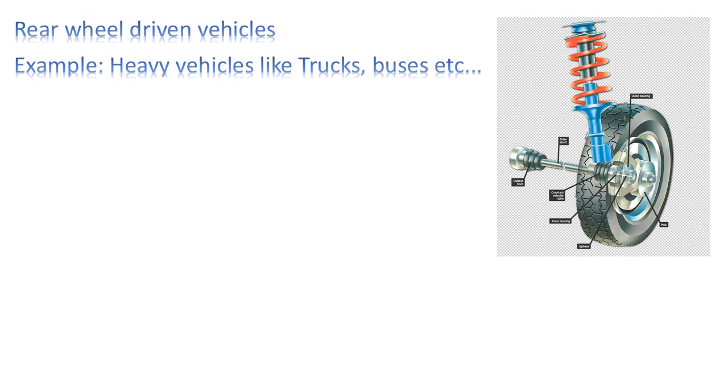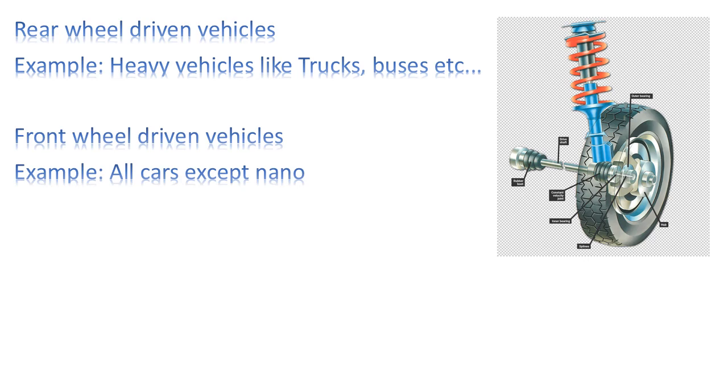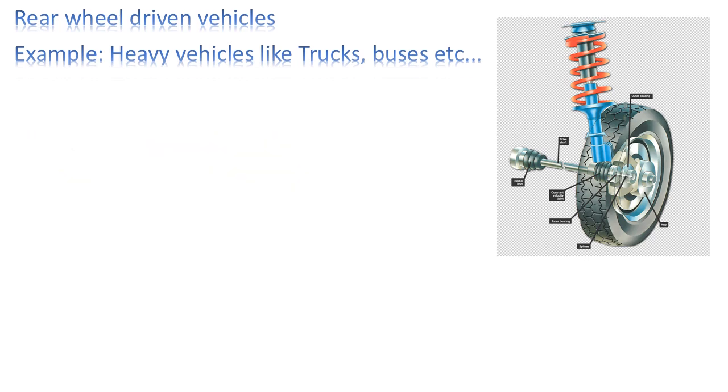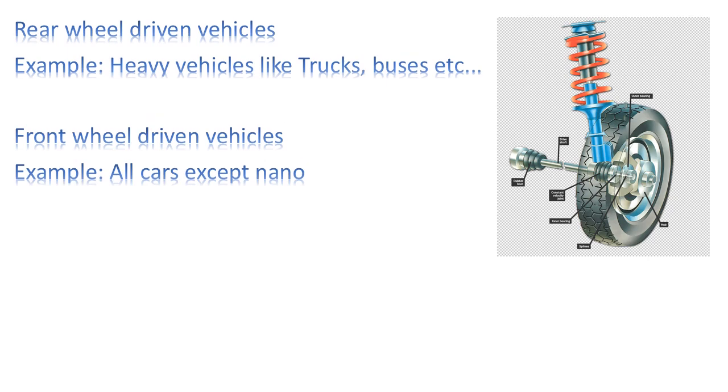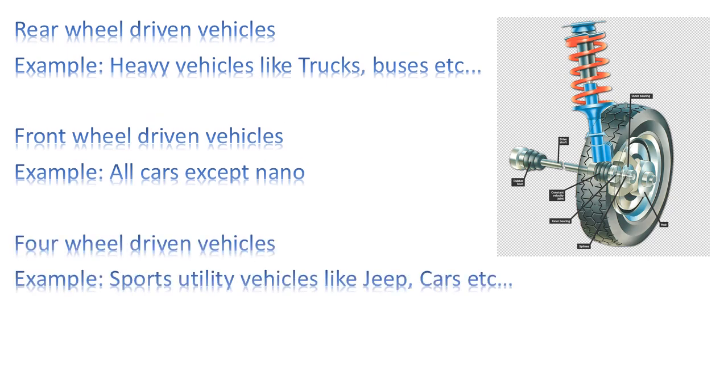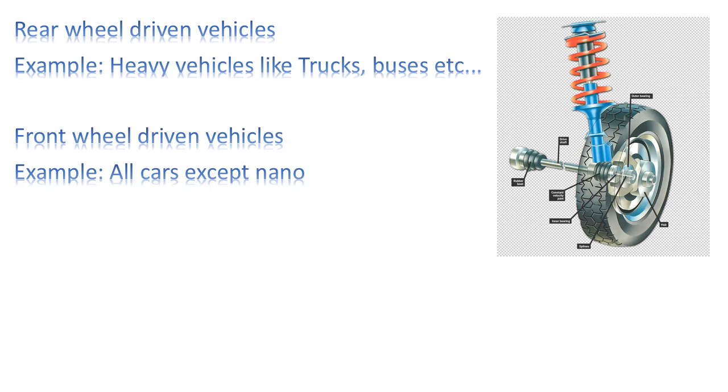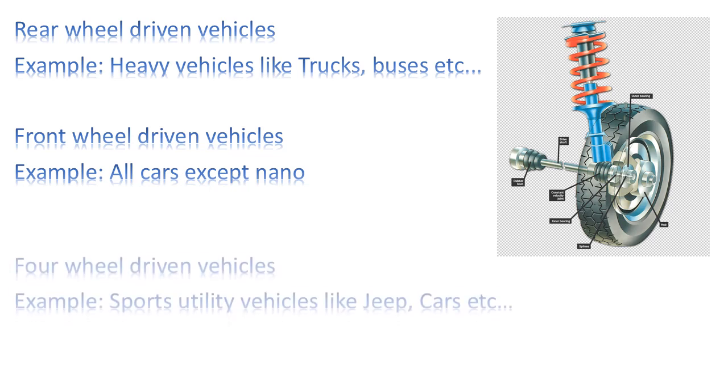Front wheel driven vehicles include all cars except the Nano. Four-wheel driven vehicles include sports utility vehicles like jeeps.